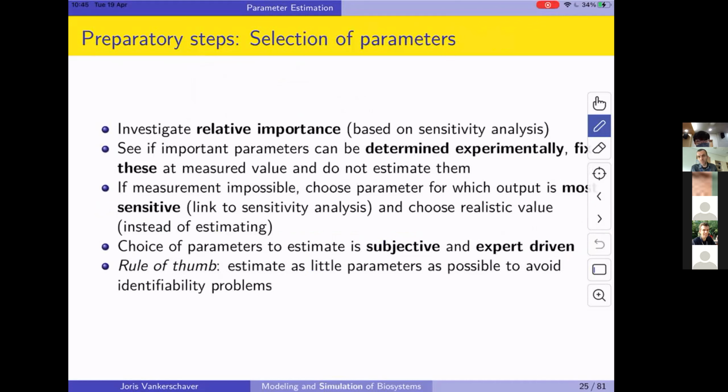So what can you do when you want to select the parameters of your model? You can try to reduce the number of predictors or parameters that enter into your model based on a number of rules of thumb. One is you can, by whatever means possible, try to gauge the importance of a parameter. So in the next few lectures, we will see a set of techniques called sensitivity analysis, which will allow us to say, okay, if we change this parameter a little bit, then the model changes a lot.